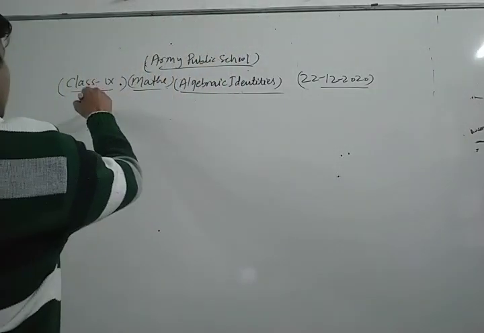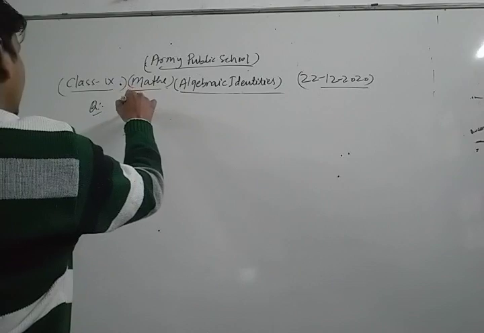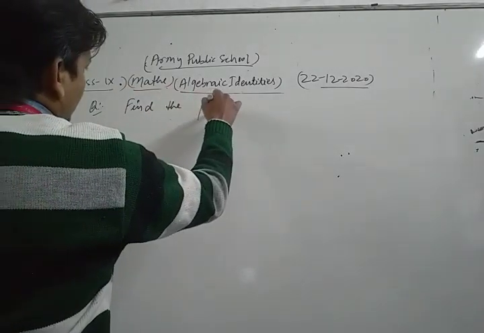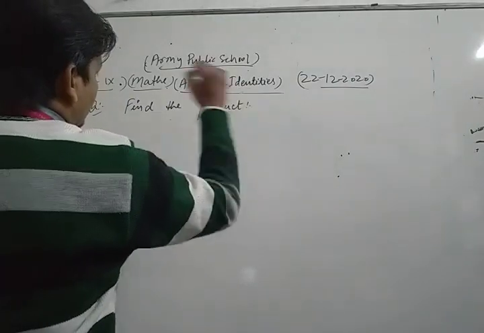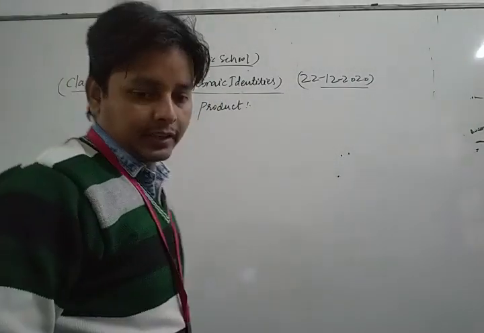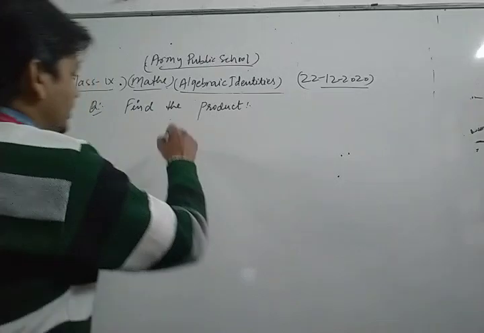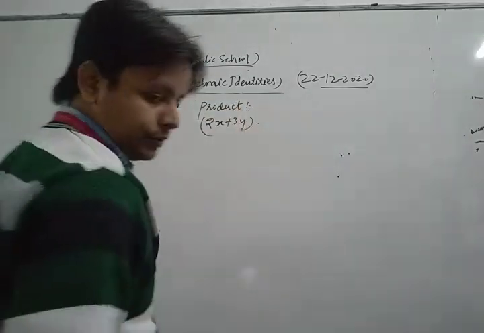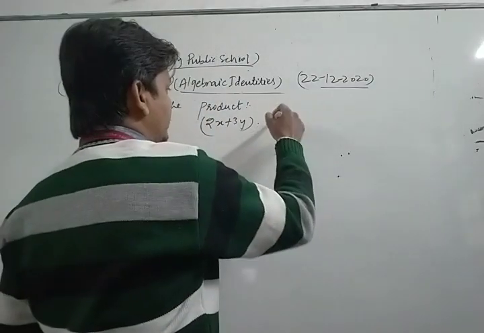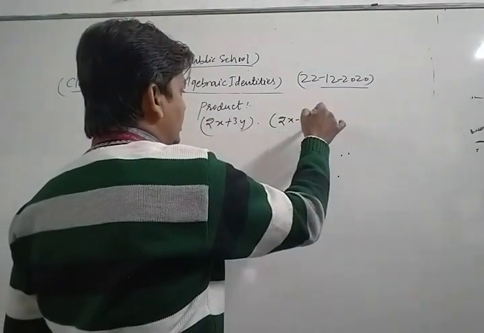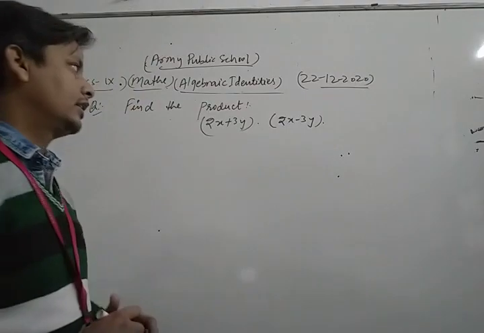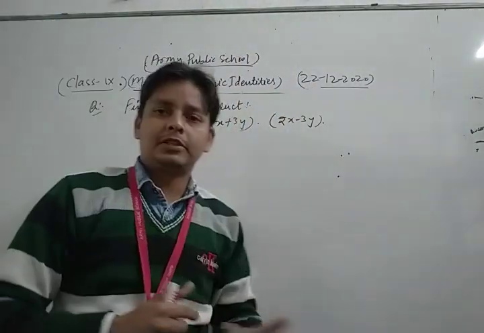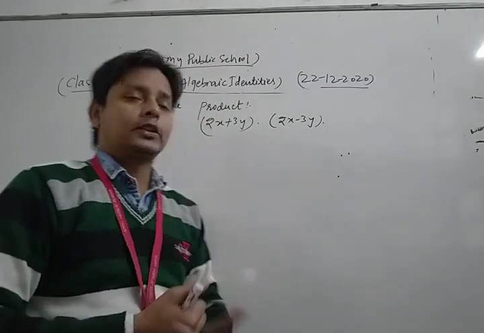The question is: find the product of 2x plus 3y into 2x minus 3y. This is your question here.